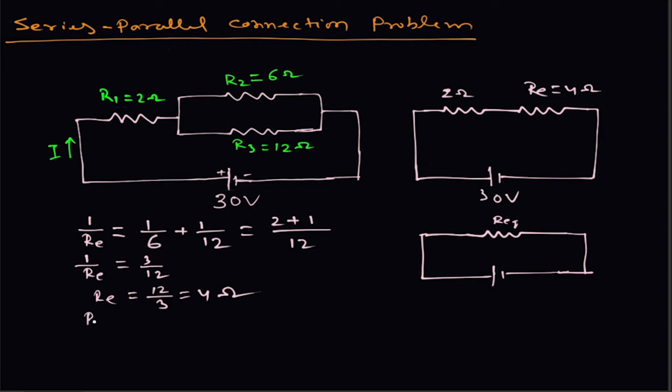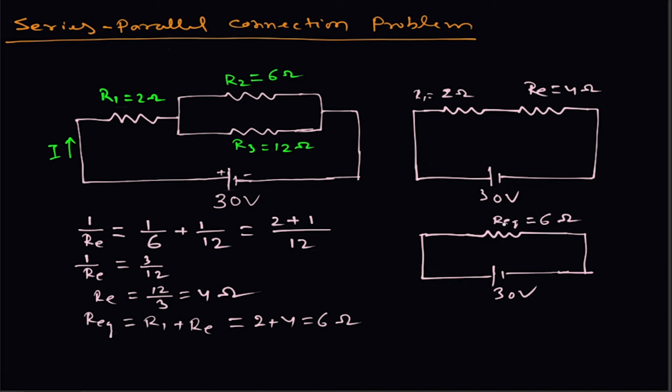So REQ is equal to R1 plus RE, that is 2 plus 4, that is 6 ohm. So our equivalent becomes 6 ohm. Now it is 30 volt. Now this circuit can be solved easily because it has been reduced to the basic Ohm's law circuit.